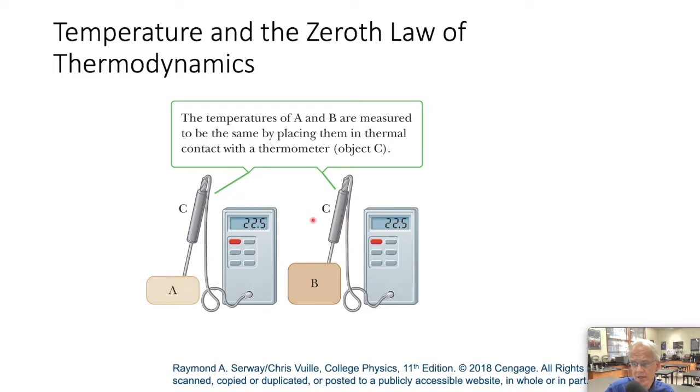If the two readings are the same, then A and B are in thermal equilibrium with each other.